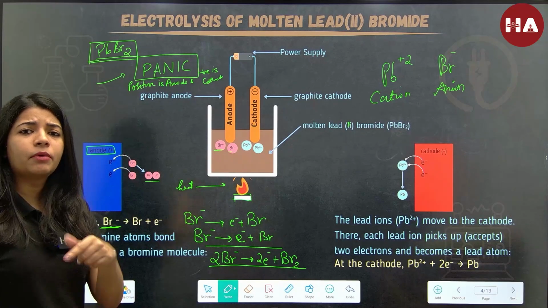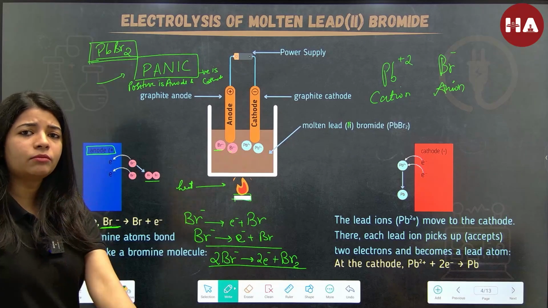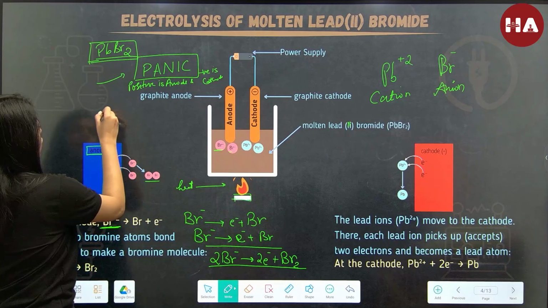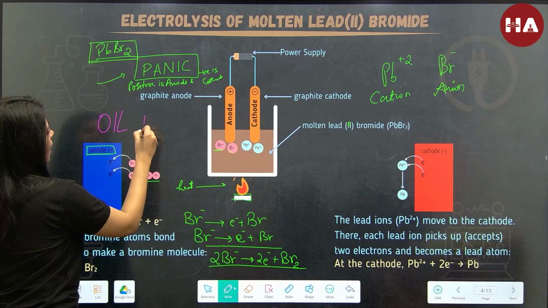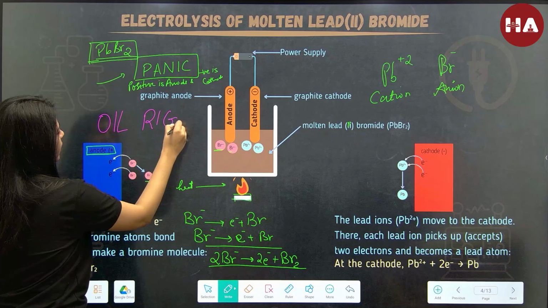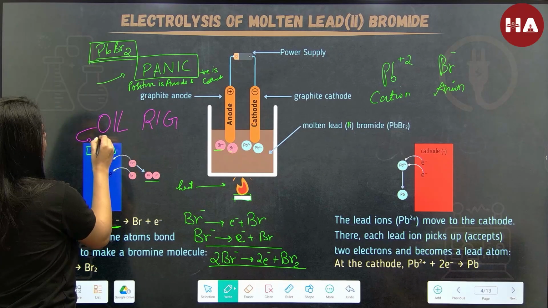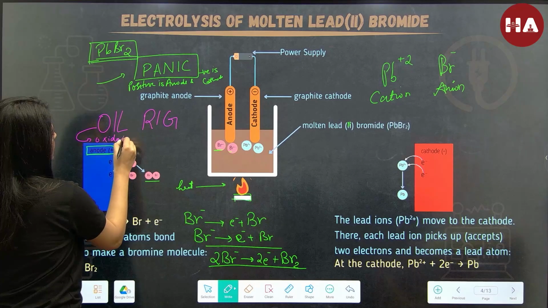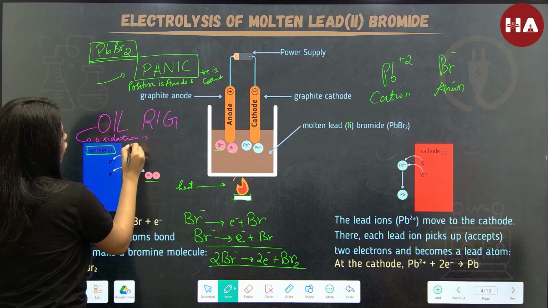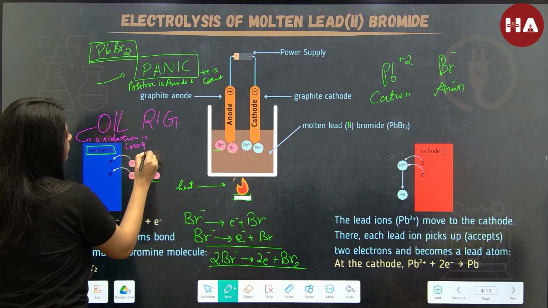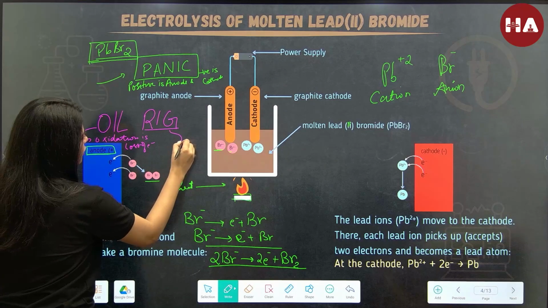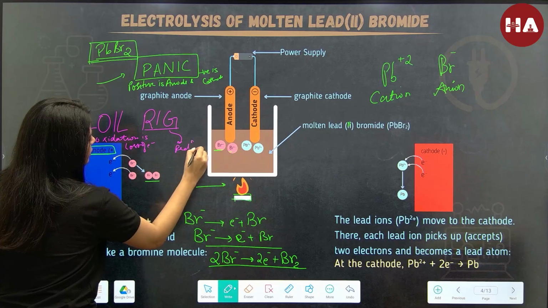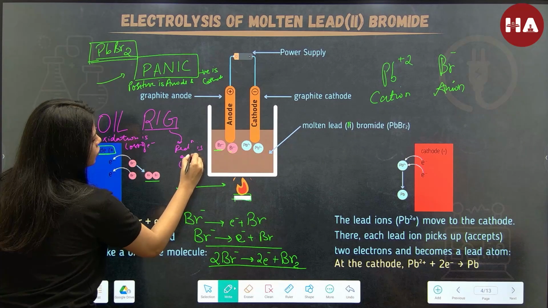Now if you remember from the previous part, I gave you one more mnemonic, which is OIL RIG. What does it mean? It means oxidation is loss of electron and reduction is gain of electron, right?